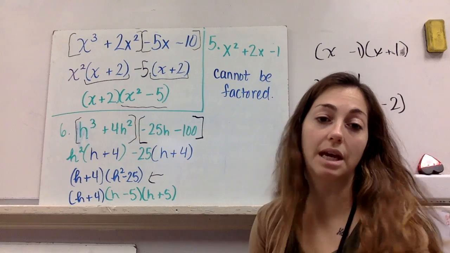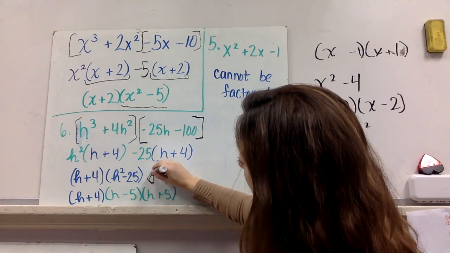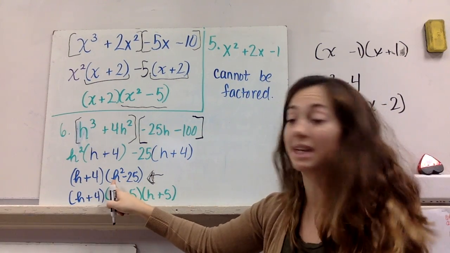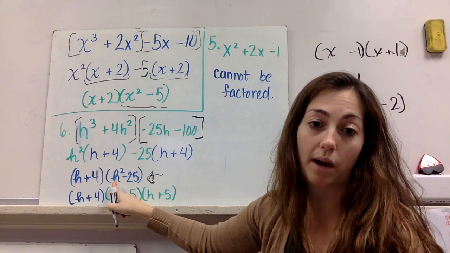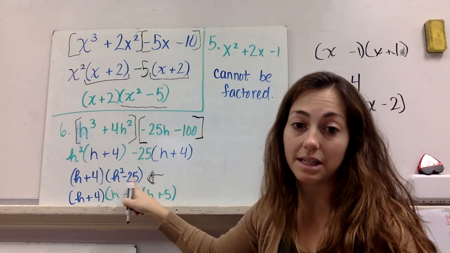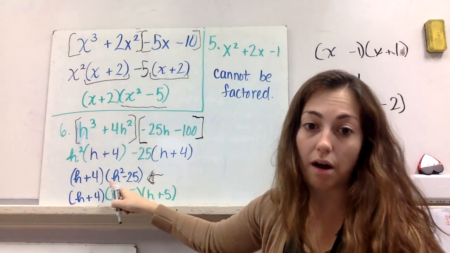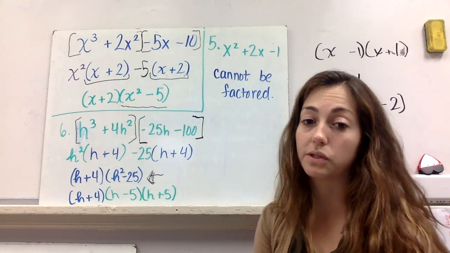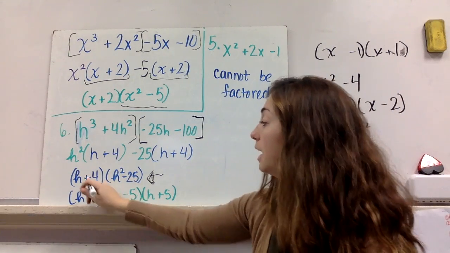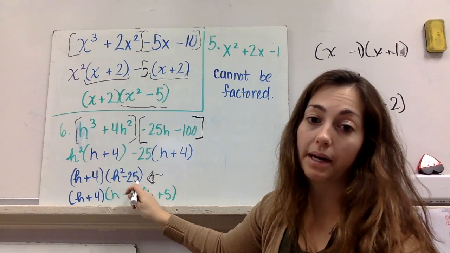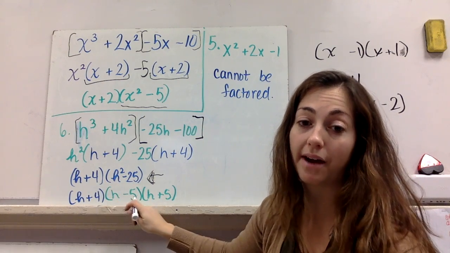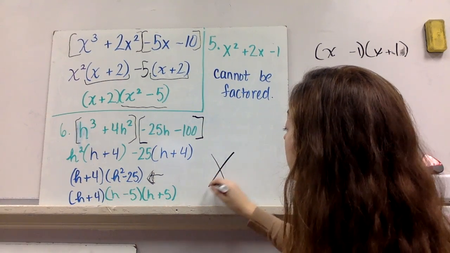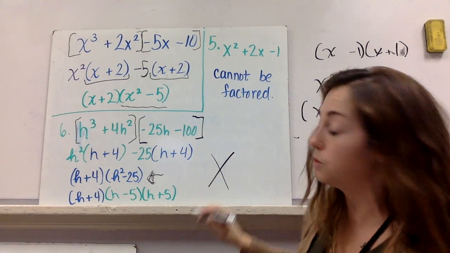And this is where in most cases so far, at least, we've been done. But we actually can go further because my h squared minus 25 is the difference, meaning subtraction, of two squares. 25 is really 5 squared. H plus 4 stays the same, but h squared minus 25 can be factored. And you can look at it even using the asterisk method if you want.